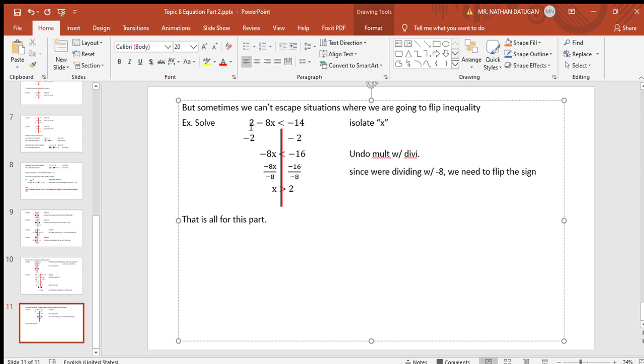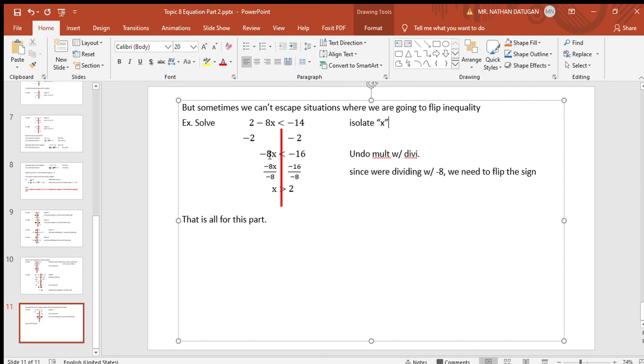How do we get rid of that 2? We're going to subtract 2. And since we're subtracting 2, we also have to subtract 2 on the other side of the equation. So now you're going to be left with negative 8x is less than negative 14 minus 2, which is negative 16.